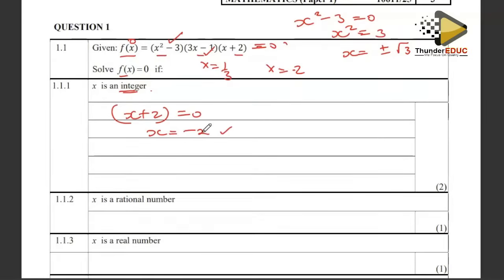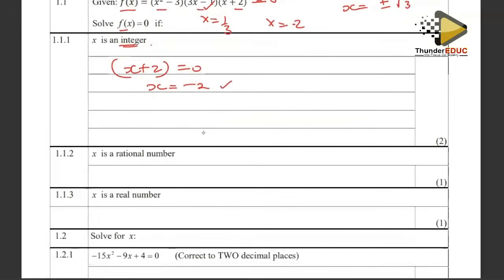Then 2, rational. We know that a rational number is basically a number that could be expressed as a fraction. So in this case, our x can be 1 over 3, or x can be negative 2. These are all rational numbers.